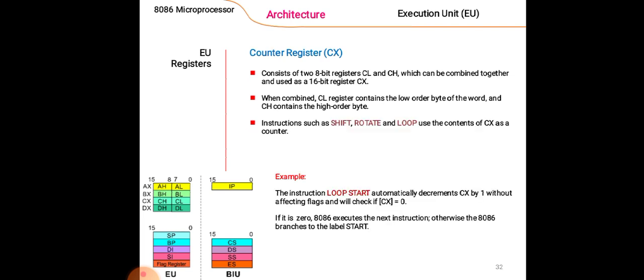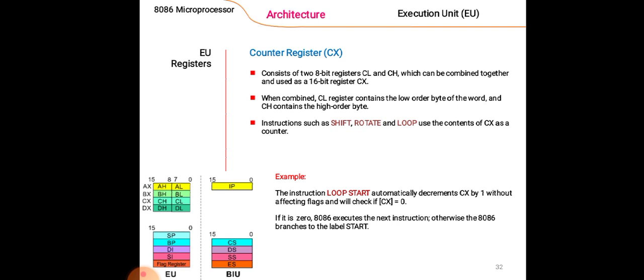Then CX is used as a counter register. All of you know about counters. In digital techniques we have learned about counters. A counter is a series of flip-flops which is used to count the clock pulses. Here the register CX is used as a counter whenever we require counting, shifting, rotate instruction or loop instruction.